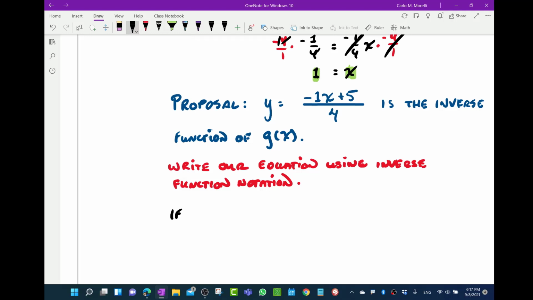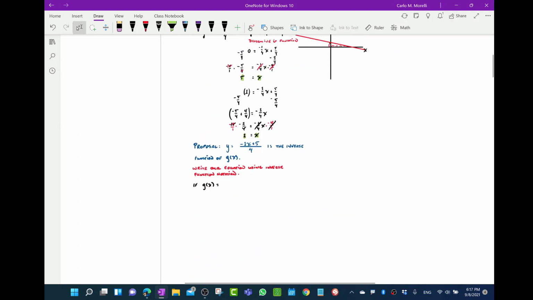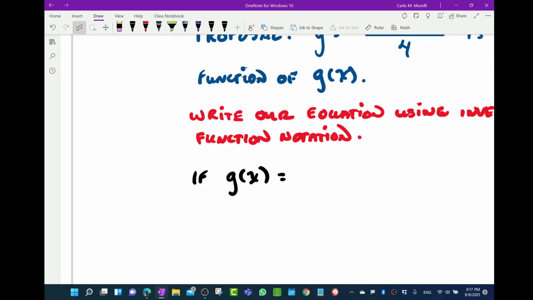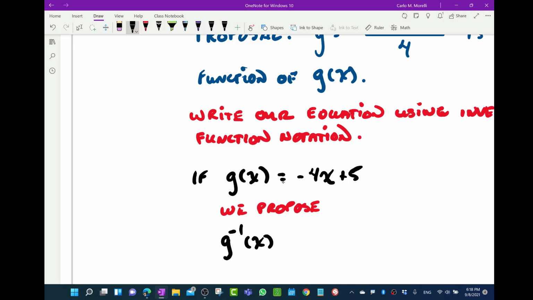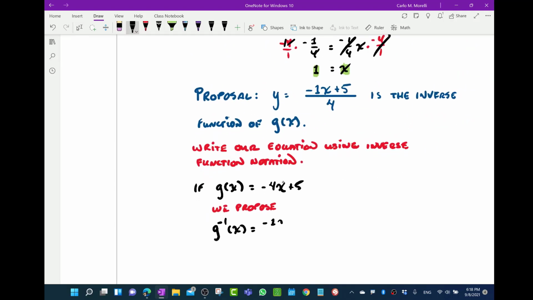If g of x equals negative 4x plus 5, we propose g inverse x equals negative 1x plus 5 over 4.